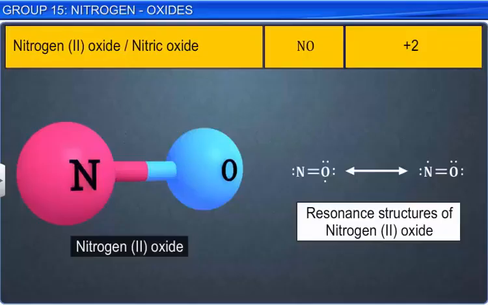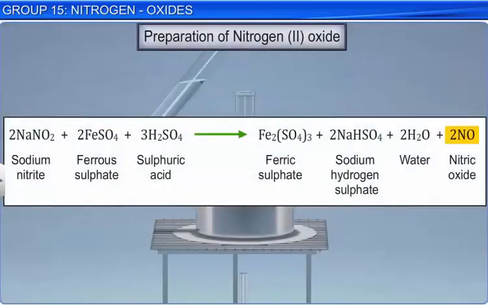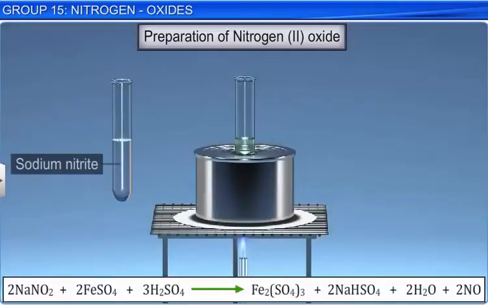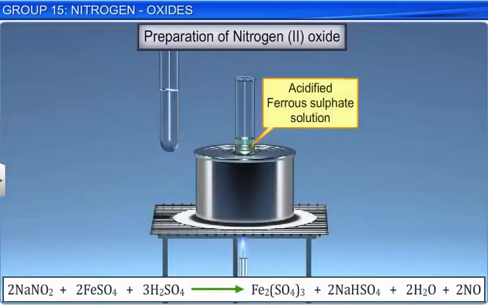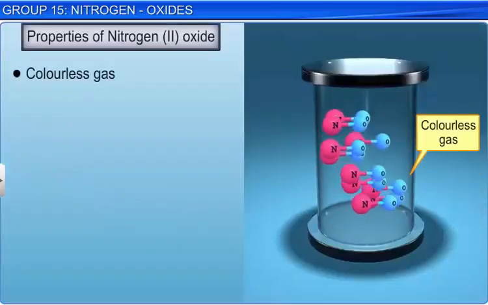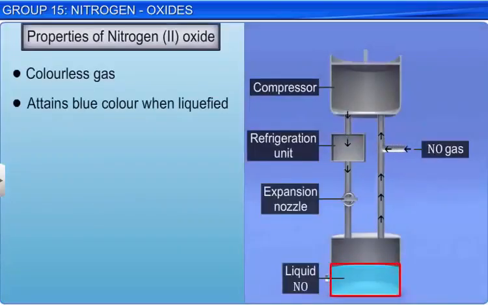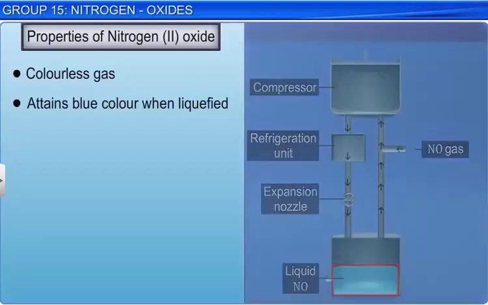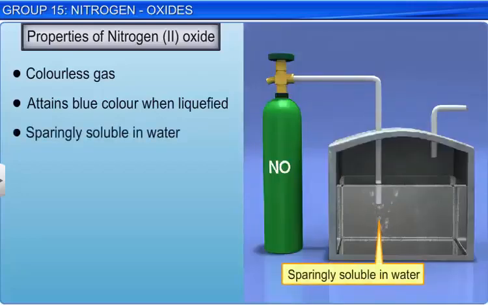Nitrogen-2 oxide, also called nitrogen monoxide or nitric oxide, is prepared by the reduction of nitrite salt with ferrous sulfate. In this method, an acidified ferrous sulfate solution is warmed with a concentrated solution of sodium nitrite to get a pure sample of nitric oxide. Nitric oxide is a colorless gas that attains blue color when liquefied. It is sparingly soluble in water.